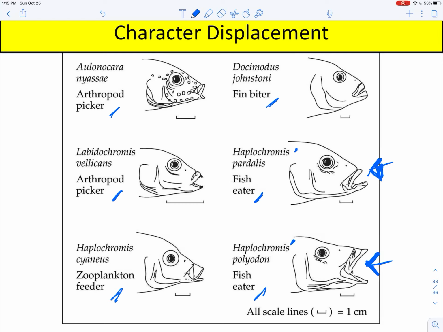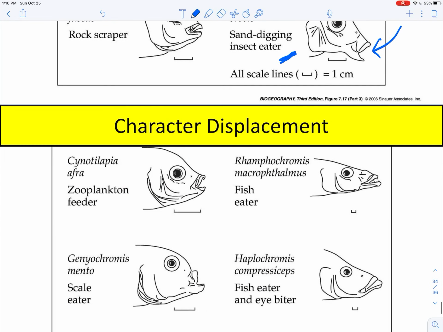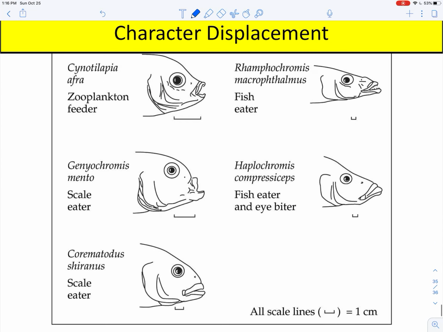Here we're looking at a few more examples: rock scrapers, rock probing insect eater, leaf chopper, sand digging insect eater, one of my favorite mouth shapes here, and also here. Another zooplankton feeder, one that feeds strictly on the scales of other fish, another one here.